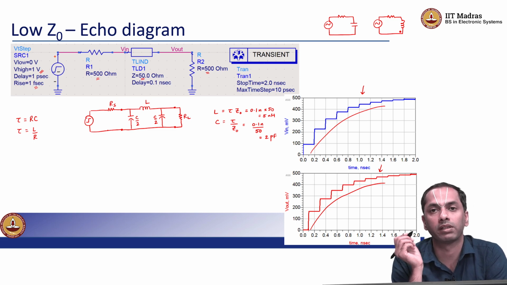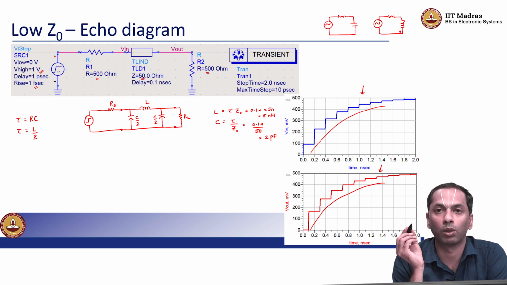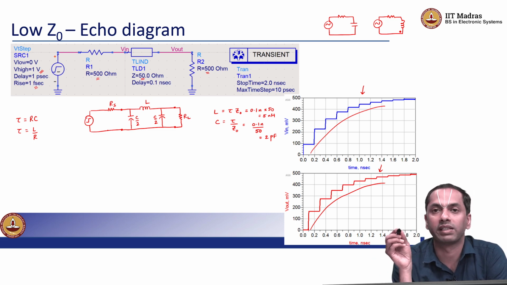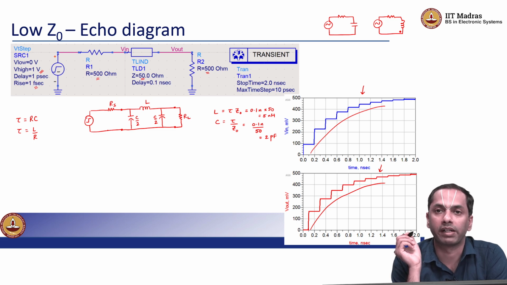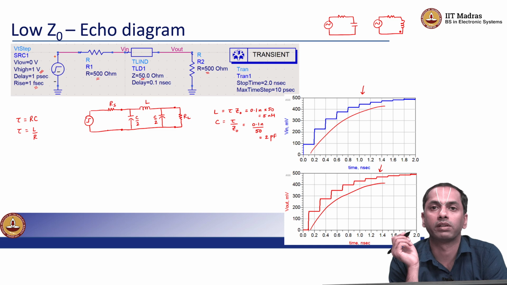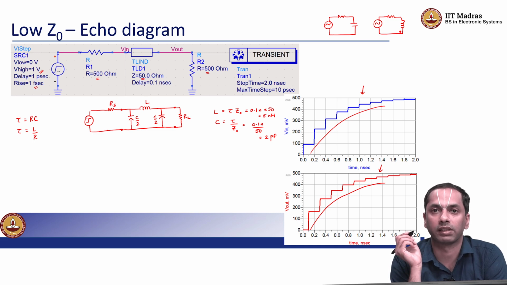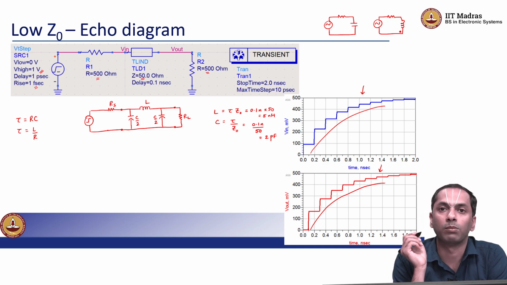Time constant is usually a very important circuit parameter, and for an RC circuit, the time constant is the product of the net resistance and the net capacitance. Similarly, the time constant for an inductor is L by R, the inductance divided by the net resistance.